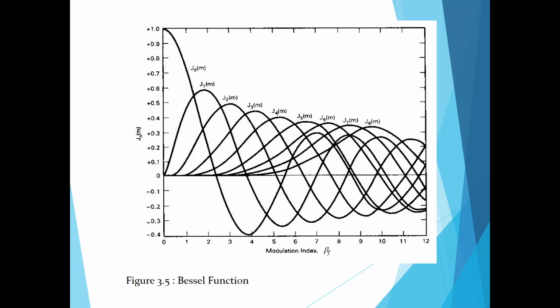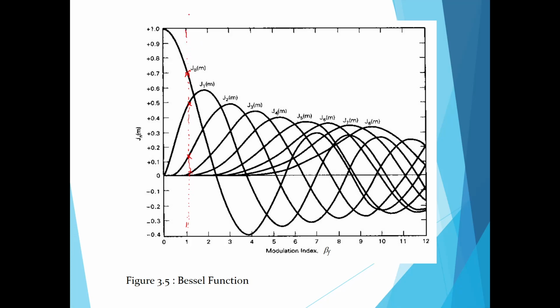So if you have a ruler, you can cross the line using your ruler. For example, beta equal to 1. So beta equal to 1 will cross at J3, it will cross at J2, and then cross at J1, and then cross at J0.